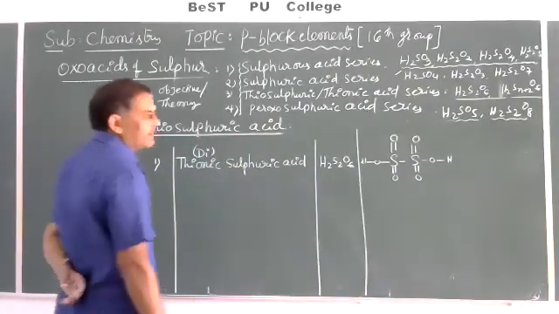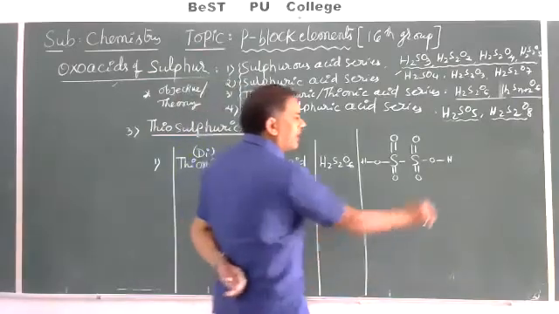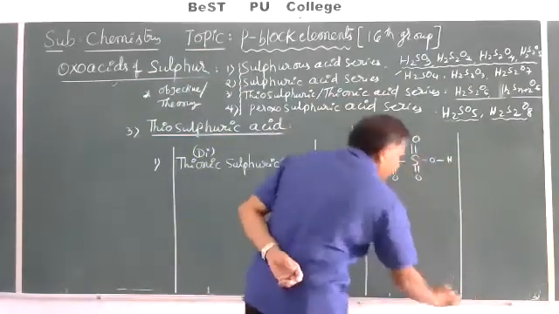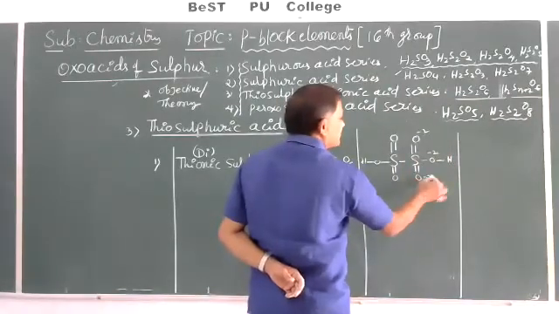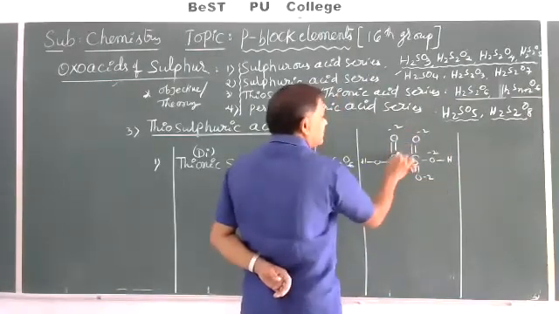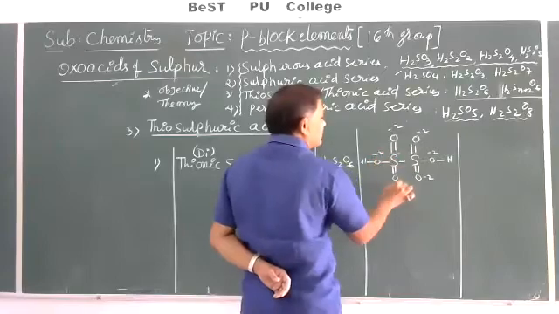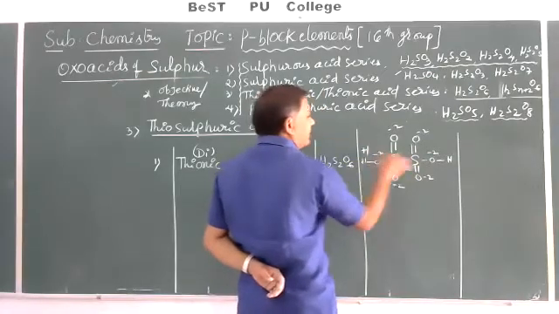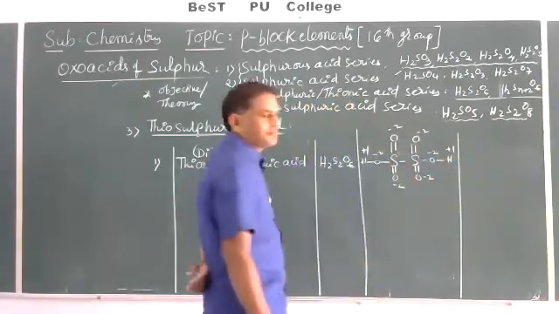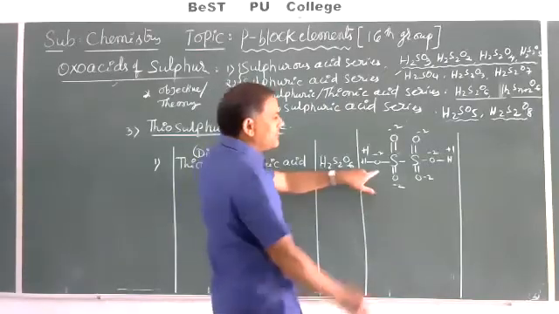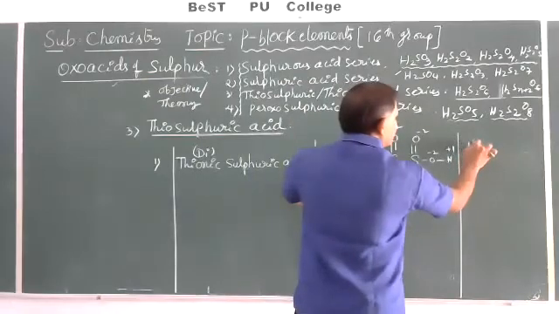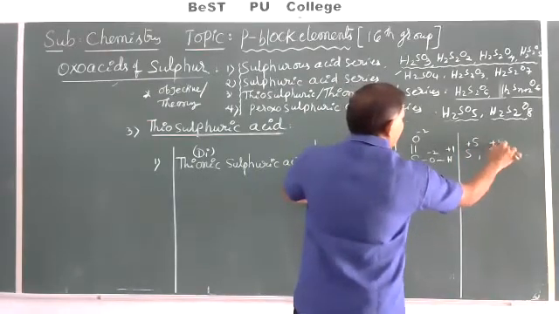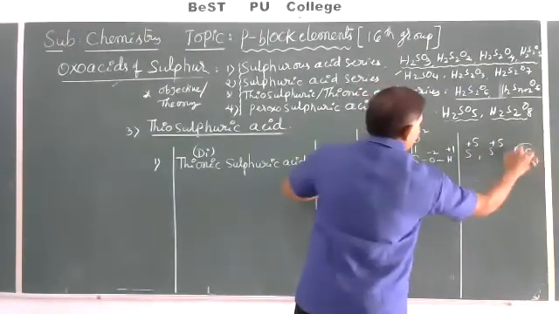Now for this thionic acid, its oxidation state is here -2, -2, and here -2, this is -2, here +1 hydrogen, here +1 hydrogen. So on the basis of this, the average oxidation state is in both cases +5 and +5, average oxidation state also +5.